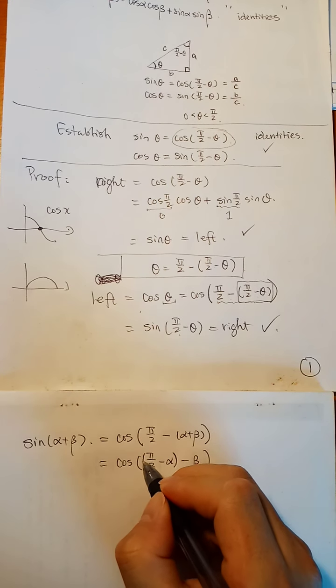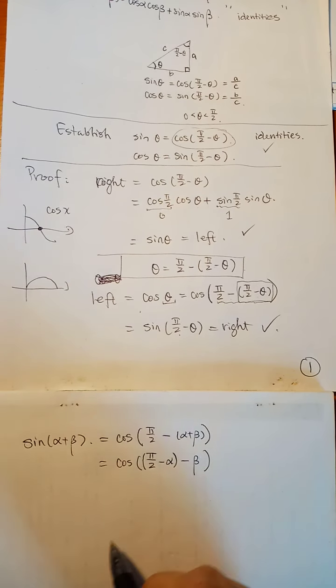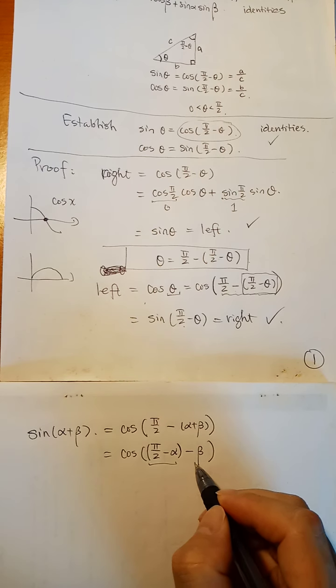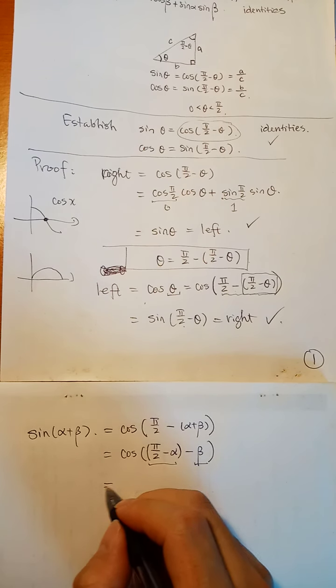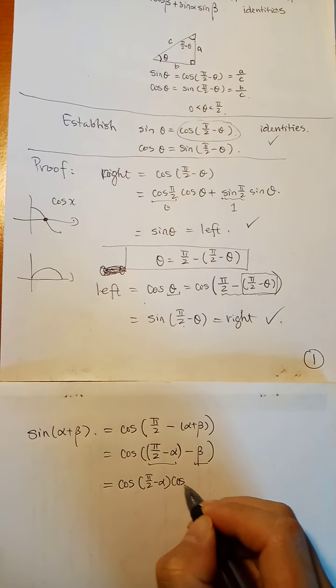And then we are going to regroup them. So I put pi over 2 minus alpha together and beta as the second angle. So it is one angle minus second angle, cosine. So it's cosine of pi over 2 minus alpha, cosine beta.